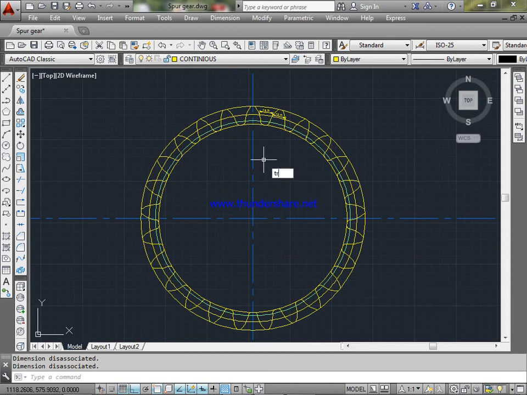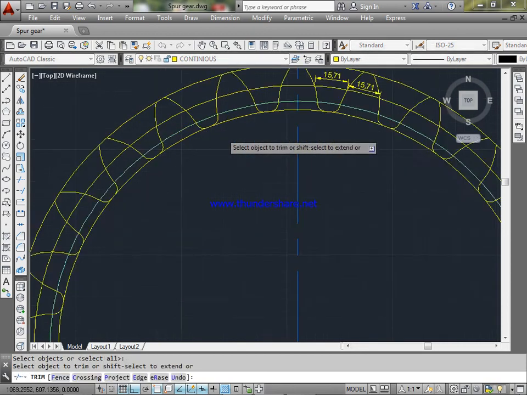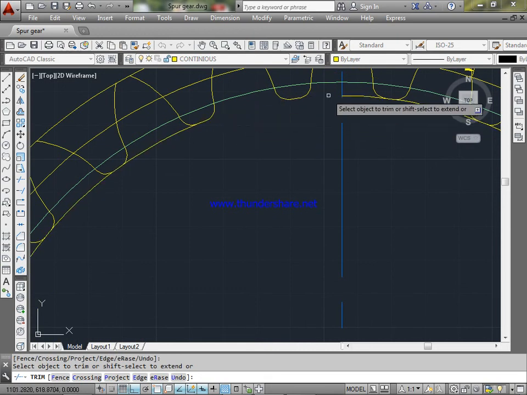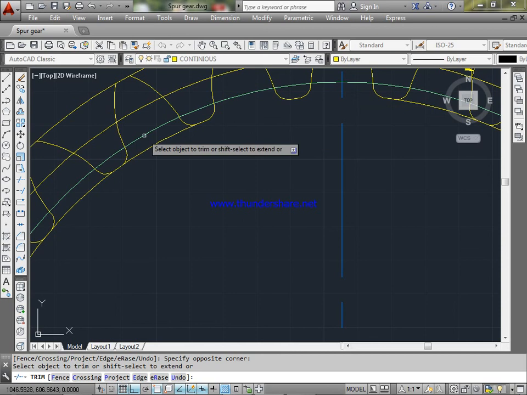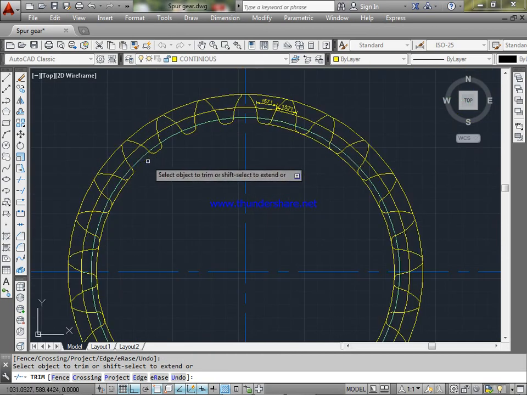Now we just remove the unnecessary lines.